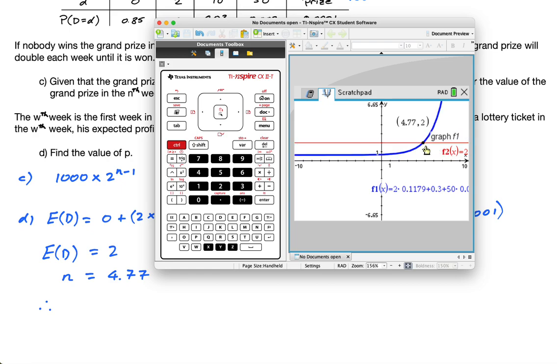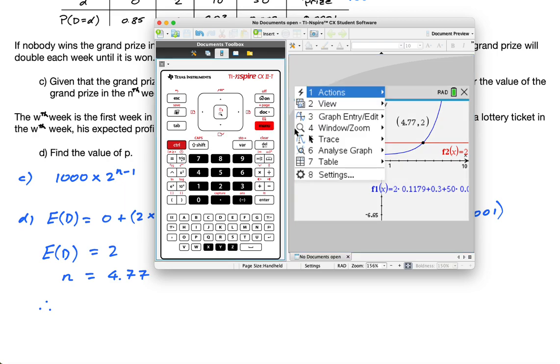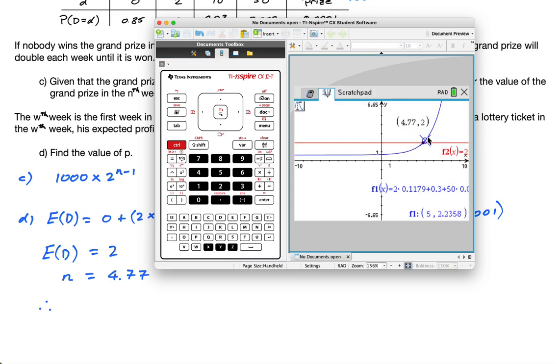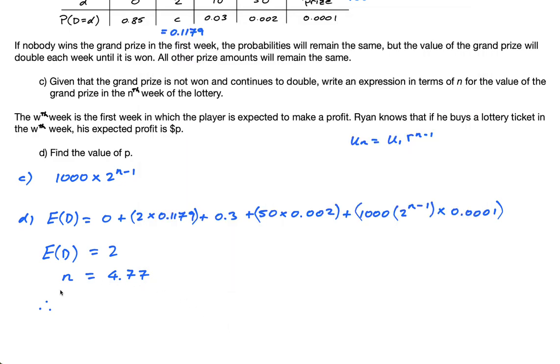If it was the fourth week, I can go menu, trace, graph trace, and type in 4. That gives me the fourth week, where the expected value is less than 2. But if I go to the fifth week, the expected value is more than 2, and it's 2.2358. So I can say, therefore, W has to equal 5.